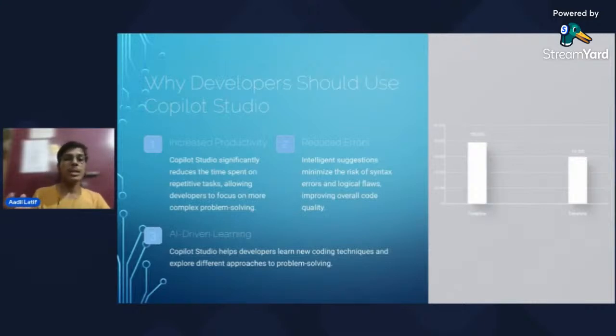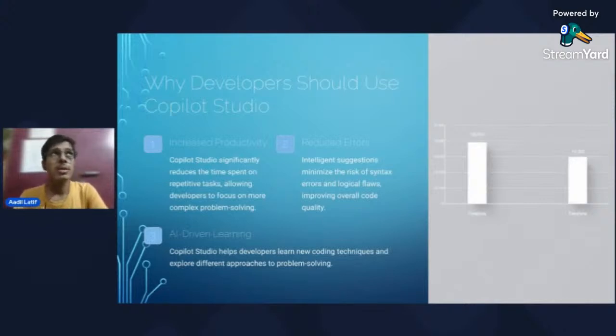Firstly, it increases productivity. It makes code completion faster. Copilot Studio provides real-time suggestions, as I mentioned earlier, allowing the developer to complete code faster. This reduces the time spent on routine tasks, enabling us to focus on more complex problems and higher-value projects.